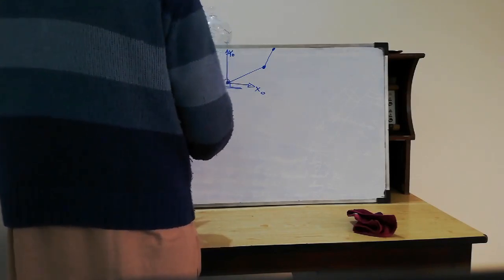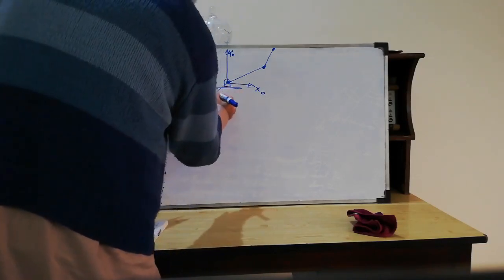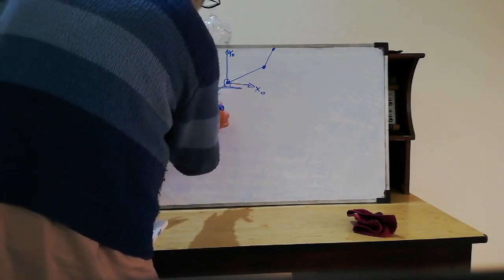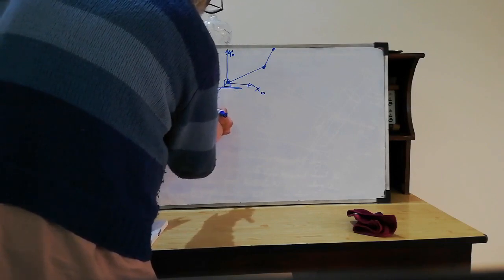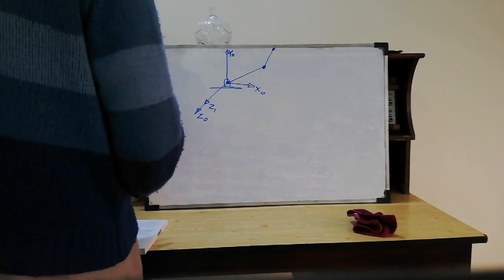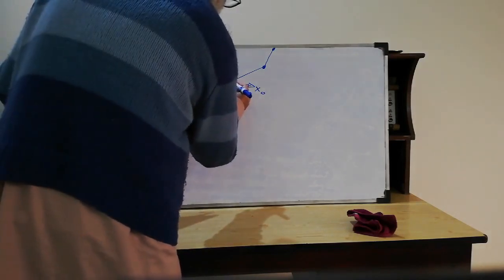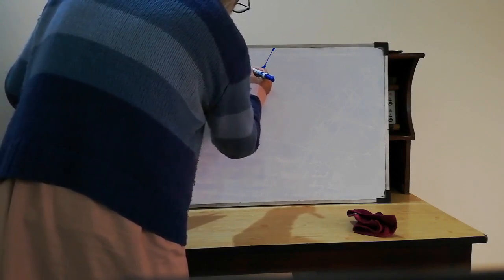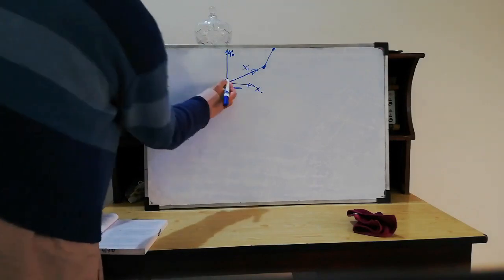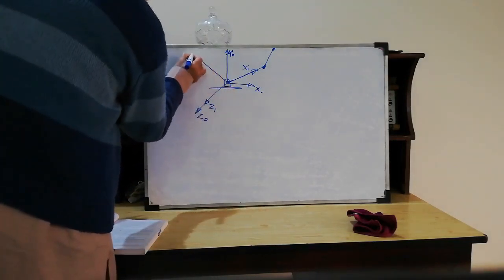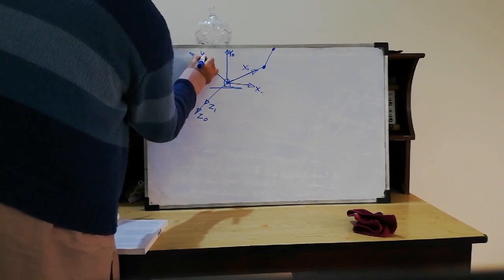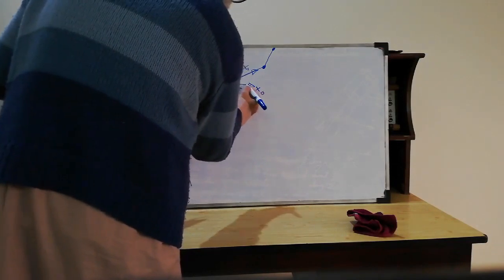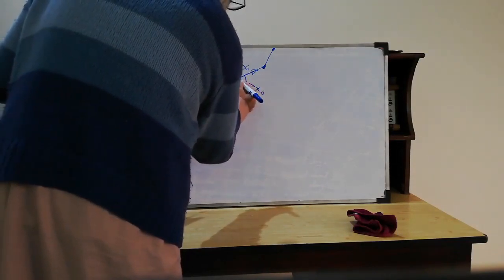We have joint 1 whose, let me draw this here, this is z naught, and z1 is also coming out of the page, and this will be x1, and that will be y1, and this will be theta 1.